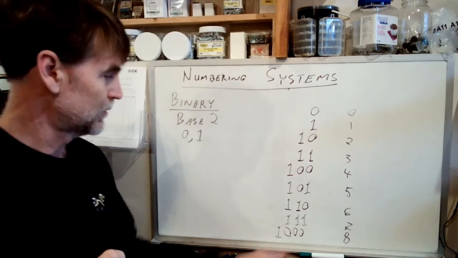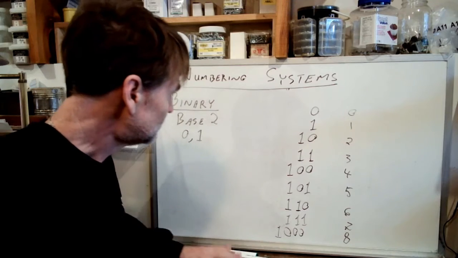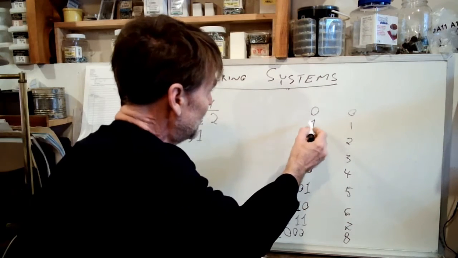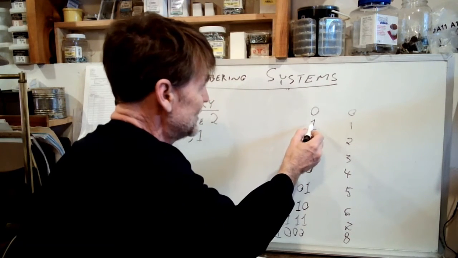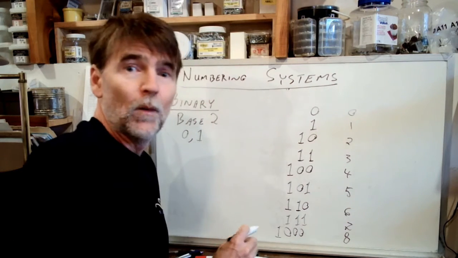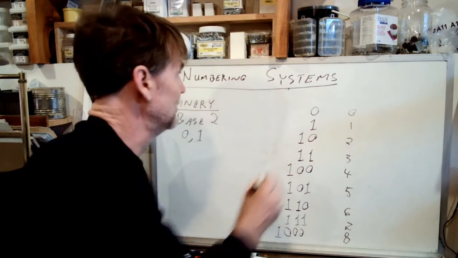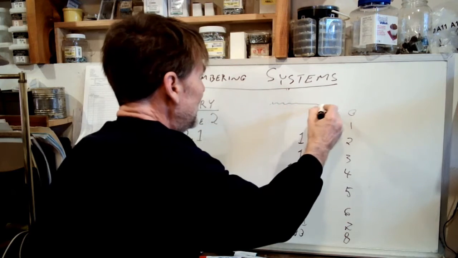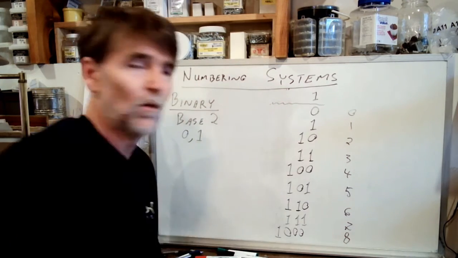and an 8. So if we have nothing but a 1 in this first column on the left, what number does that represent? That represents a 1. So we are going to call this the ones column.